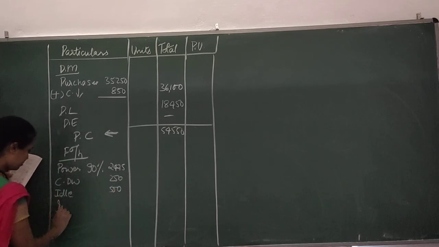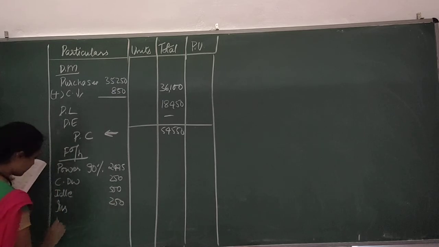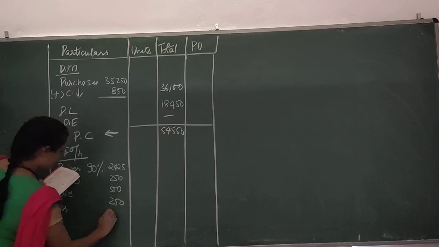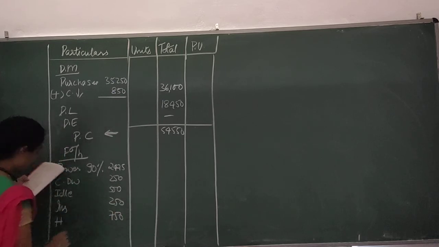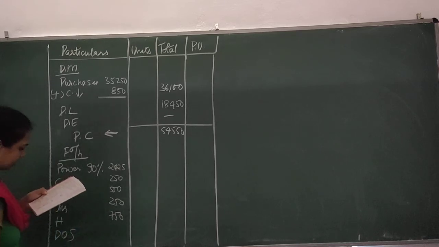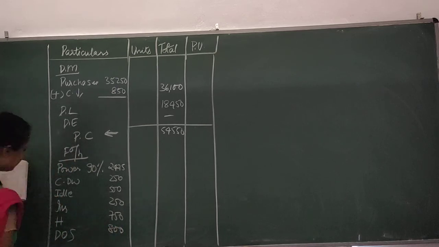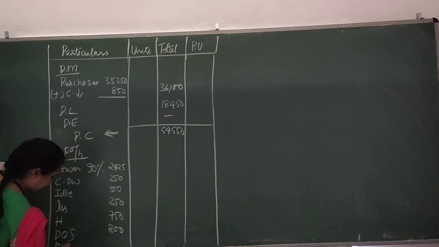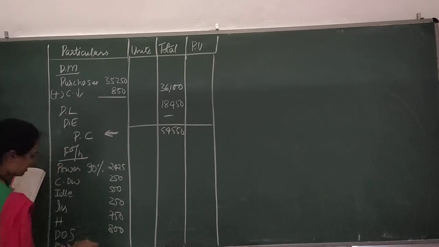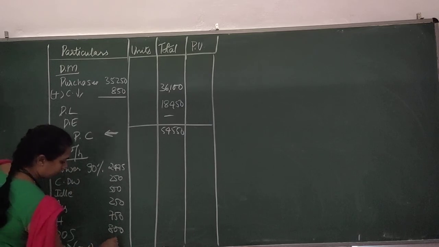Insurance, which is 250. Haulage, which is 750. Drawing office salary, which is 800. The last one is rent and rates, which is only 50%, which is coming around 450.